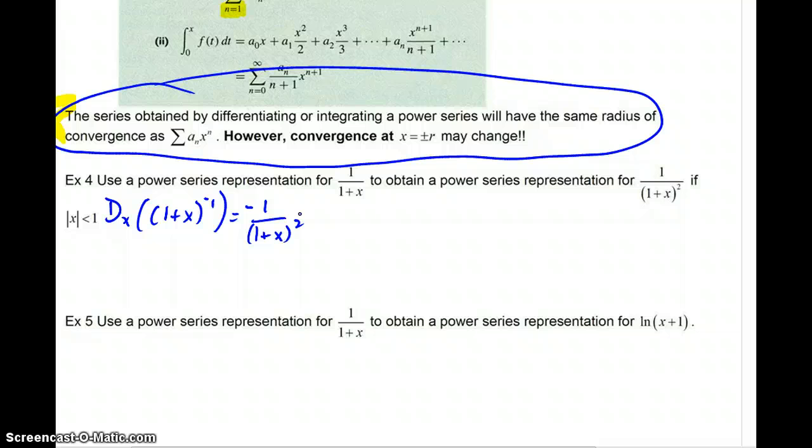But what we're seeing, and we really are going to memorize this if we have not done so already, is that the very famous geometric series 1 over 1 plus x is 1 minus x plus x squared minus x cubed.